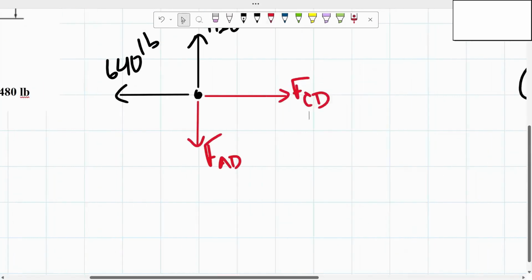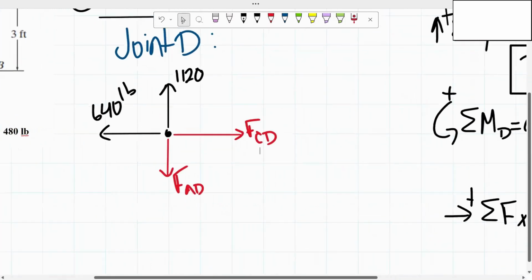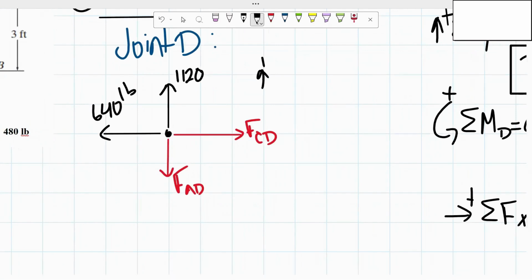To determine the values of the forces of the bars, I'm just going to take the sum of the forces in the X and Y directions. I'm going to start with the sum of the forces in the Y direction. We know that has to equal 0. We have 1,120 pounds going upwards from our reaction. Then we assumed that the force of bar AD is in tension, so in this case it's going downwards, so negative.